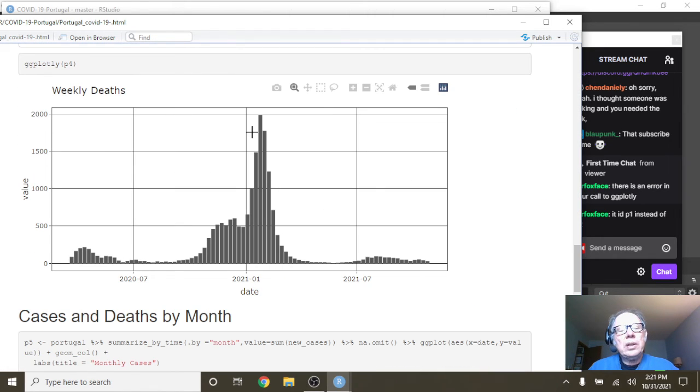Weekly deaths spiked on January 24th at 1,985 deaths for that week. But now they have a crazy low death number, around 96 deaths for the week.